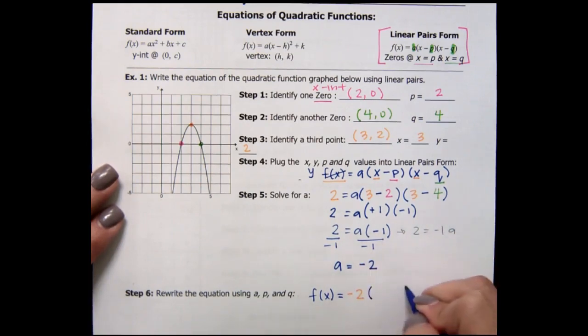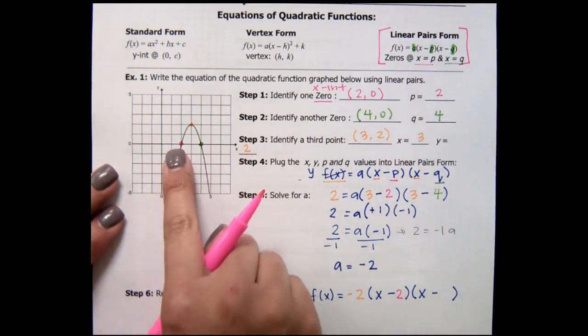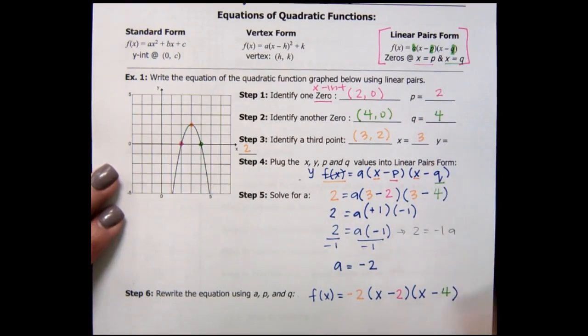Then I have parentheses, x minus p, and I'll come back and replace it, and then x minus q, and I'll come back and replace that. So p is 2, and that's just coming straight from the information that we found from the graph. And then q is 4, which also came straight from the information that we found in the graph. So that's example 1.